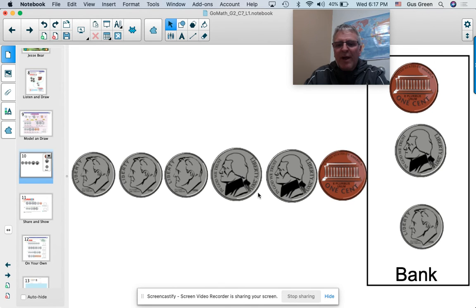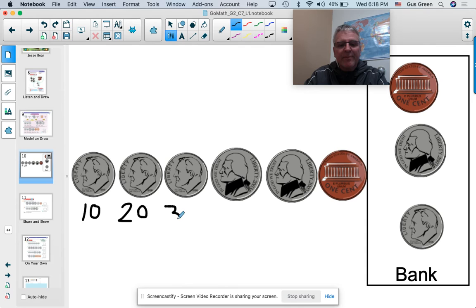And so we're going to practice the same thing. I'm going to count by tens when I'm doing the dimes, 5s when I'm doing the nickels, and 1 when I do the penny. And I'm going to write my running total right underneath it. So 10, 20, 30. Now I've got to switch to counting by 5.